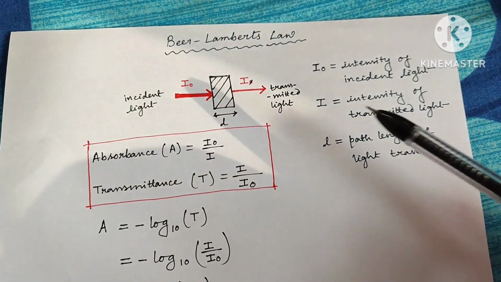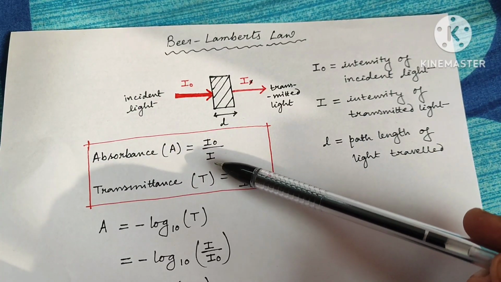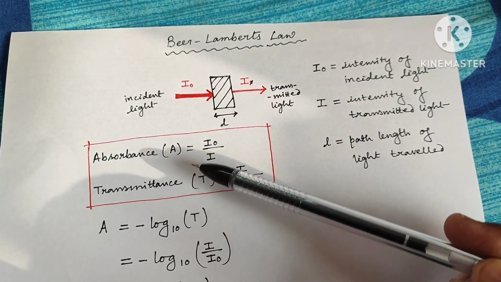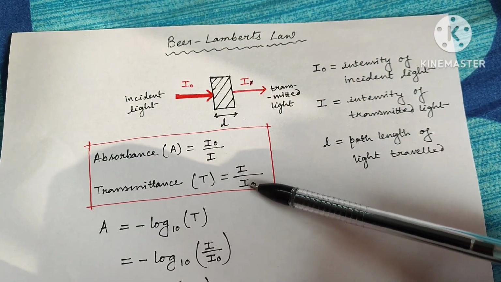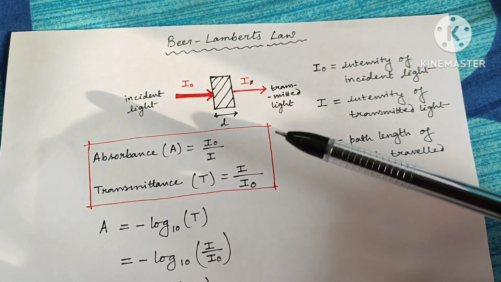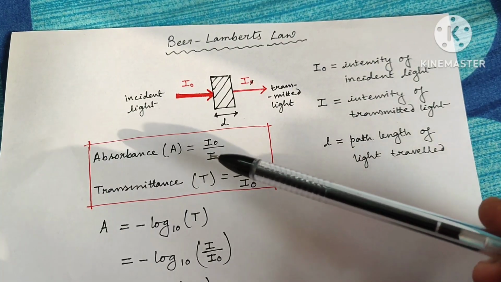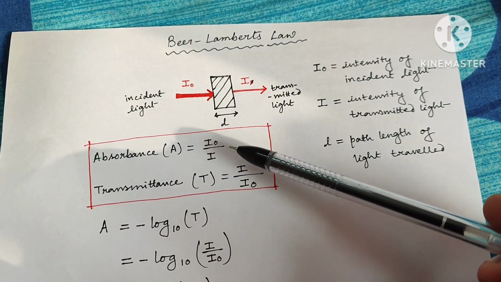Now we can write absorbance equal to I0 by I, whereas transmittance is inversely proportional to the absorbance, so we can write it as I by I0. Why? Let's take an example. If there is a completely transparent solution, then obviously no light will be absorbed, so absorbance will be 0.